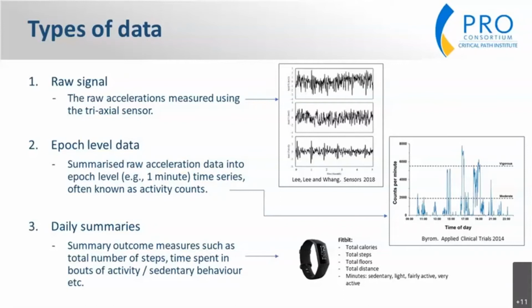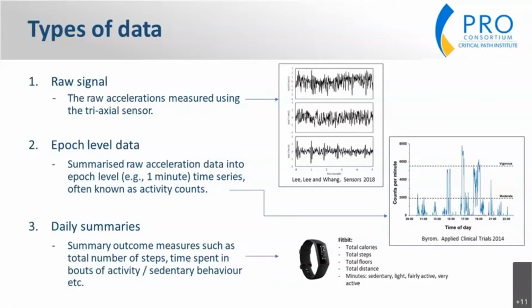The next level down is epoch level data. This is where we summarize those raw accelerations into activity levels or counts within each interval. If I have a 1 minute epoch, I would have 1,440 intervals across a day, as you can see in the plot on the right hand side.